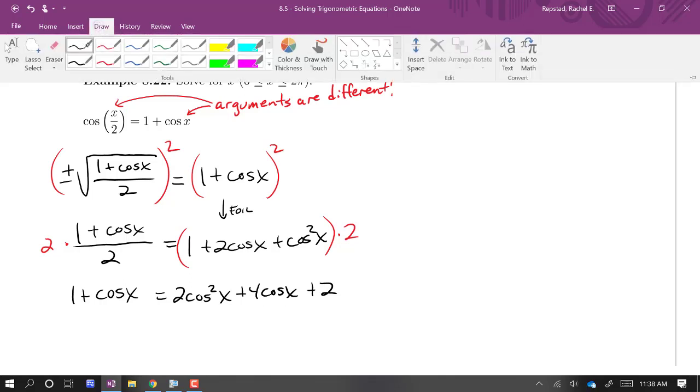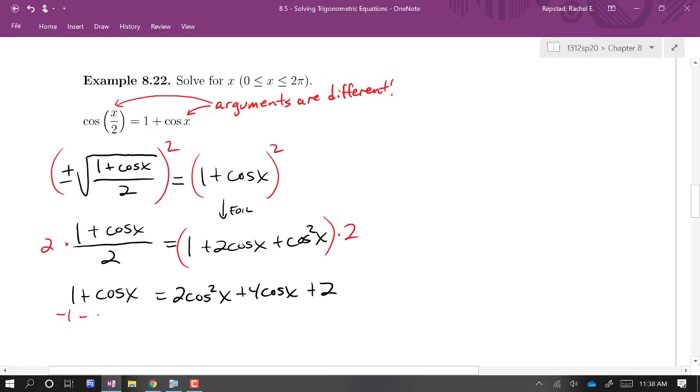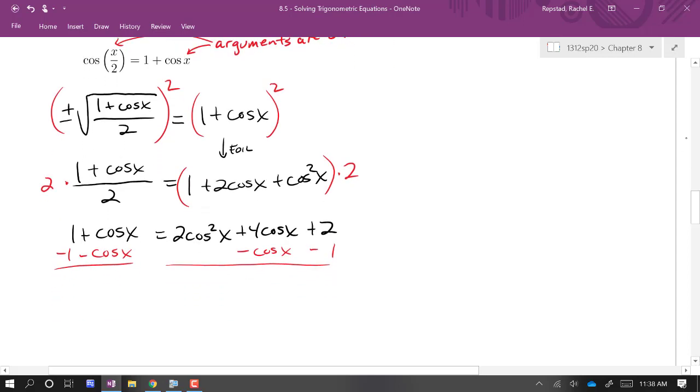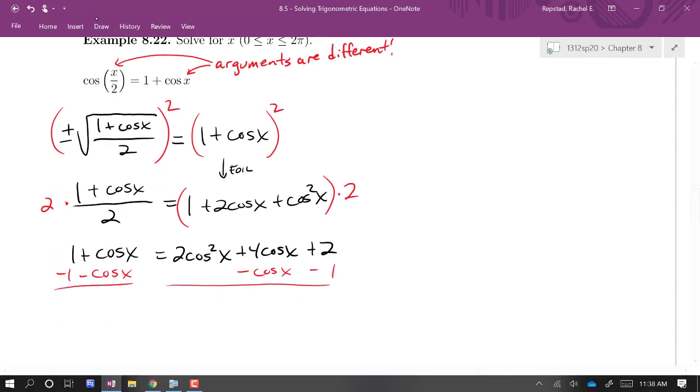I'm going to gather all my terms on one side, so I'm going to subtract 1 and subtract cosine x. So we get 0 is equal to 2 cosine squared x plus 3 cosine x plus 1.